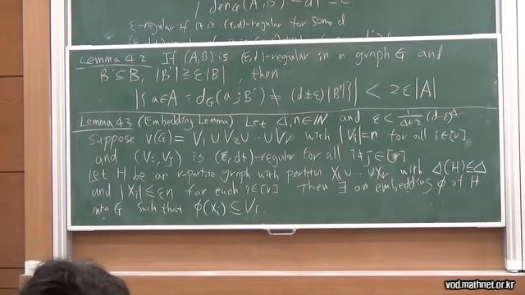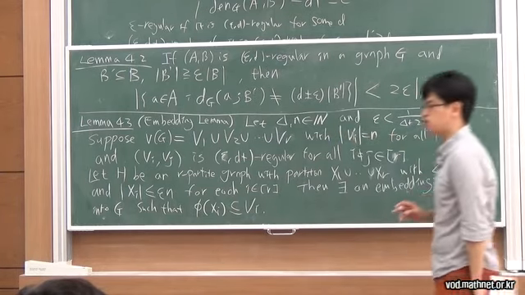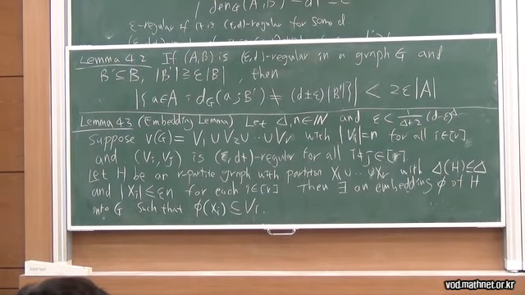So we can embed this H into G so that each x_i is mapped to V_i. So we can specify, to a certain degree, which vertices must go into which sets.